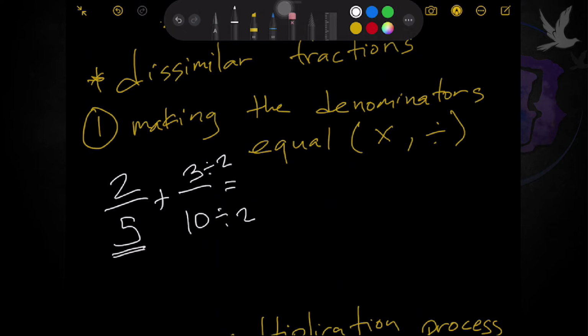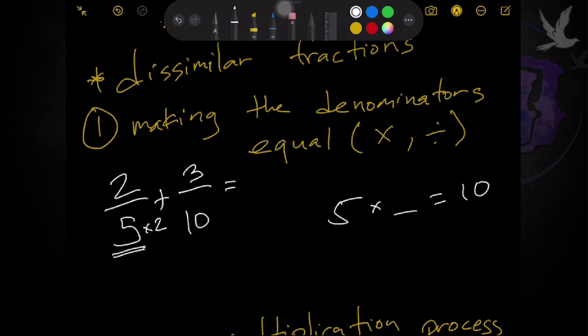Correct? So meaning you are not going to divide, but you are going to make use of multiplication by making use of the denominator, which is 5. Making 5 equal to 10 in terms of multiplication. So that's multiplying 5 by 2.